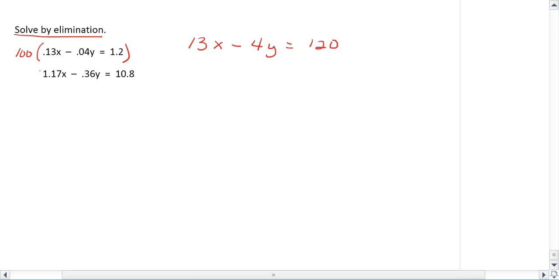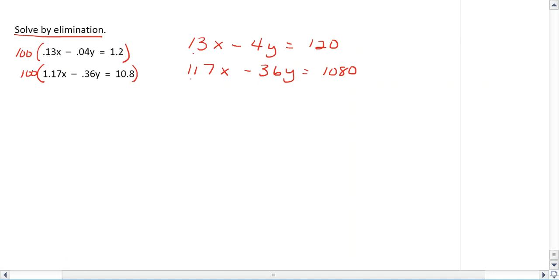And yeah, we have 2 numbers after the decimal here, so we're going to do the same thing. We have 117x minus 36y equals 1080. Again, your preference, you don't have to do this, but I just wanted to show that to you. So now we're going to proceed looking for elimination.